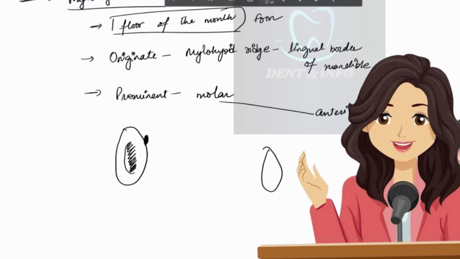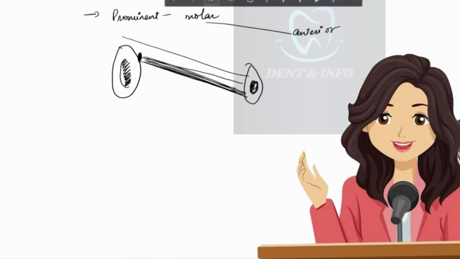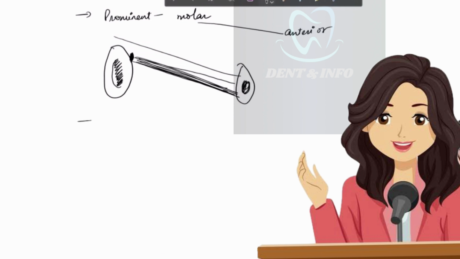But when we go to the anterior portion, that goes slightly downwards like this. So that is how the muscle attachment of your mylohyoid muscle is. It mainly governs your floor of the mouth. Muscles are present in the mylohyoid region. They go to the hyoid bone.